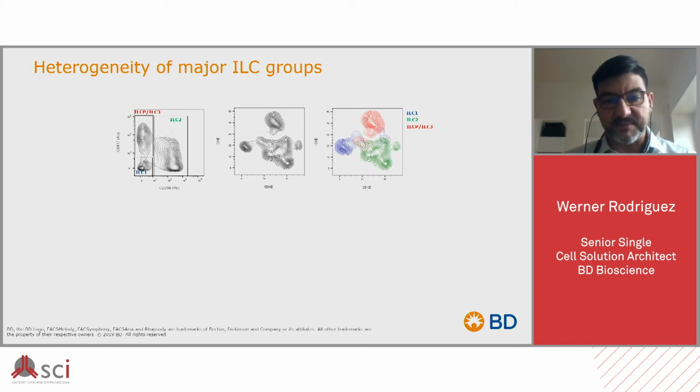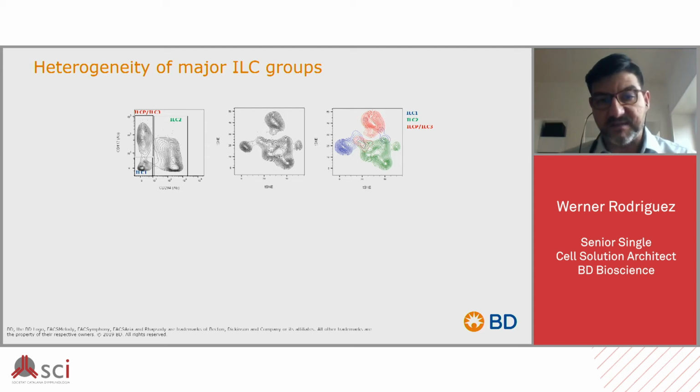And first, we used manual gating using two specificities, CD294 and CD117, and this allows us to define our groups of cells.